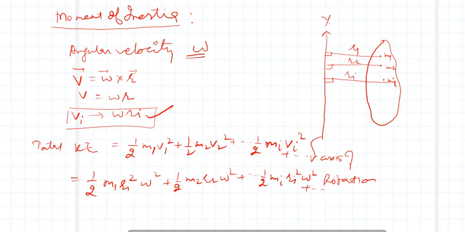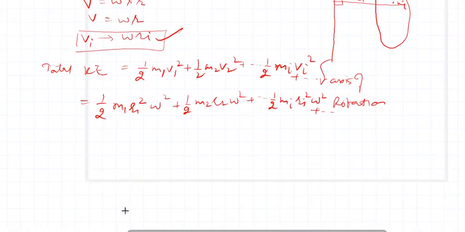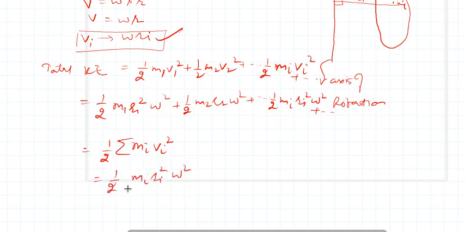In the form of summation, this can be written as the summation of 1 by 2 mi vi square, or as 1 by 2 mi ri square omega square, summed over i.